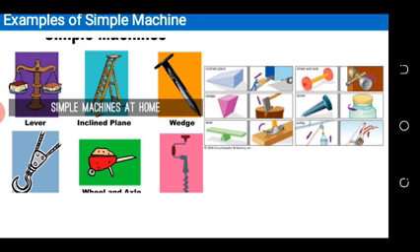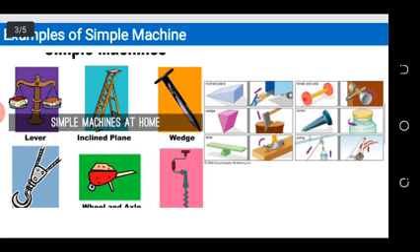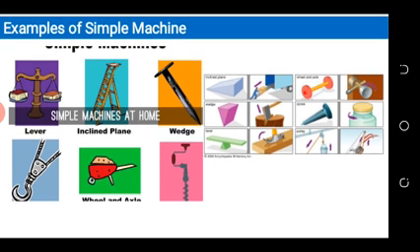So simple machines help you to apply your force at a convenient point. It's more convenient to put in your effort at the handle than carrying the entire thing from under. So that is some of the functions of simple machines.